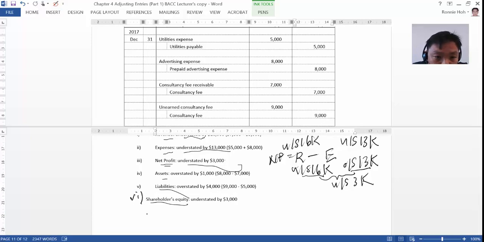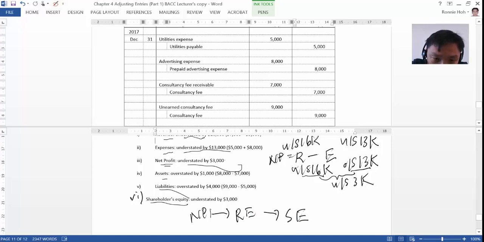Alright, now my net profit would have a direct correlation to shareholders' equity. Why? Can you remember earlier on in the early chapters, your net profit will always be transferred to your retained earnings, and in turn retained earnings will fall under shareholders' equity, right?